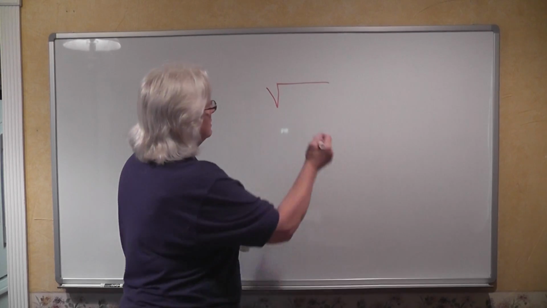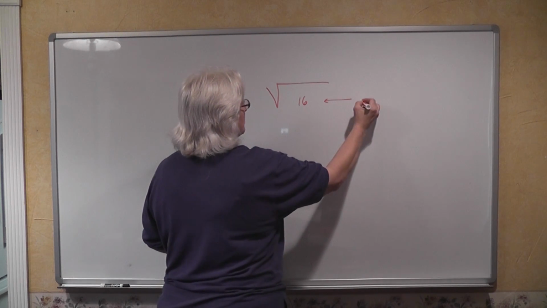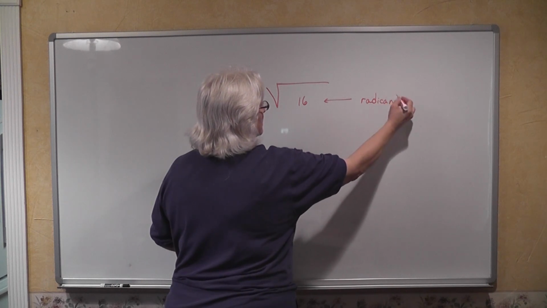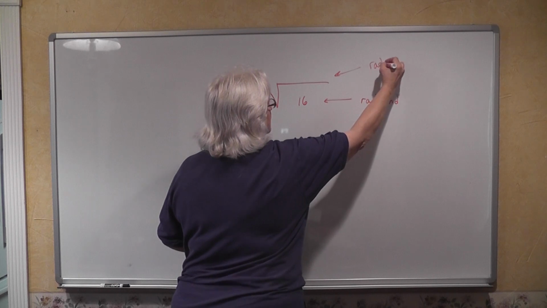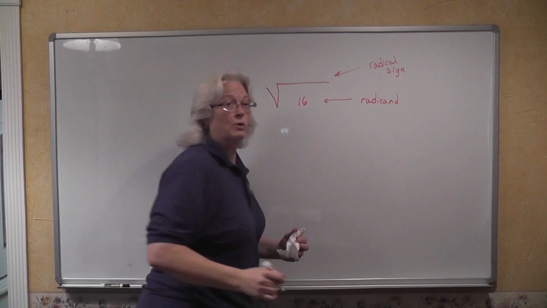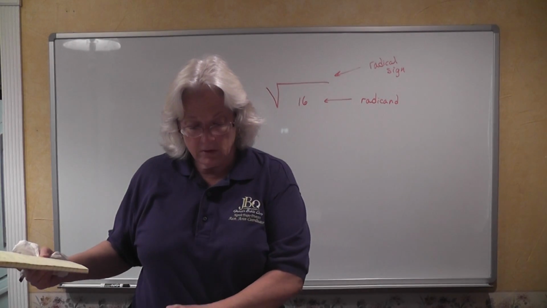And the number that we are finding the square root of, that's called the radicand. The symbol itself is the radical sign. Okay, so more vocabulary. I hope that this is going to be a review for you.